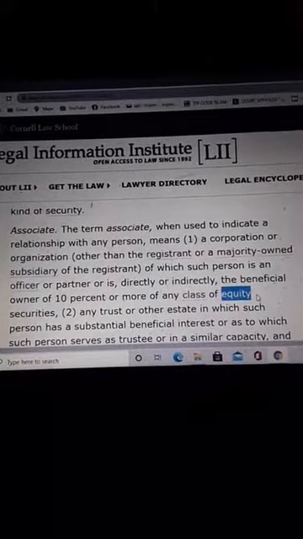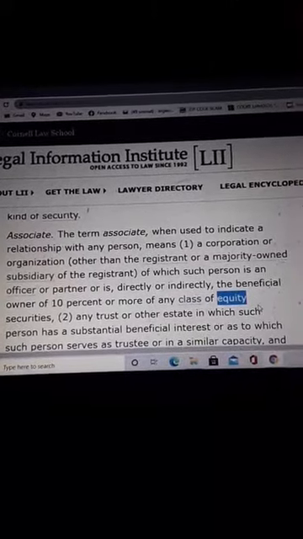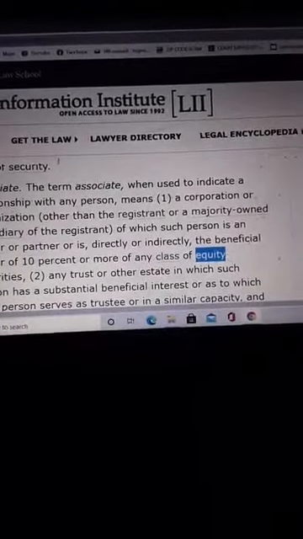Equity securities. Right there is their liability.